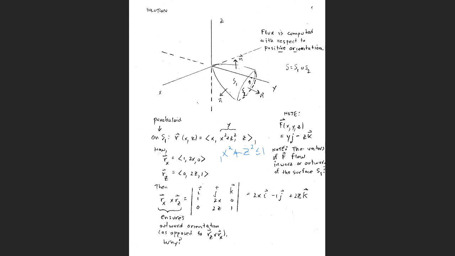When you do your parameterization, you need to state what the limits are on the parameters. The condition x squared plus z squared less than or equal to 1 gives you the limit on the parameters, because any point on the surface has x and z components that have to satisfy that x squared plus z squared is less than or equal to 1.